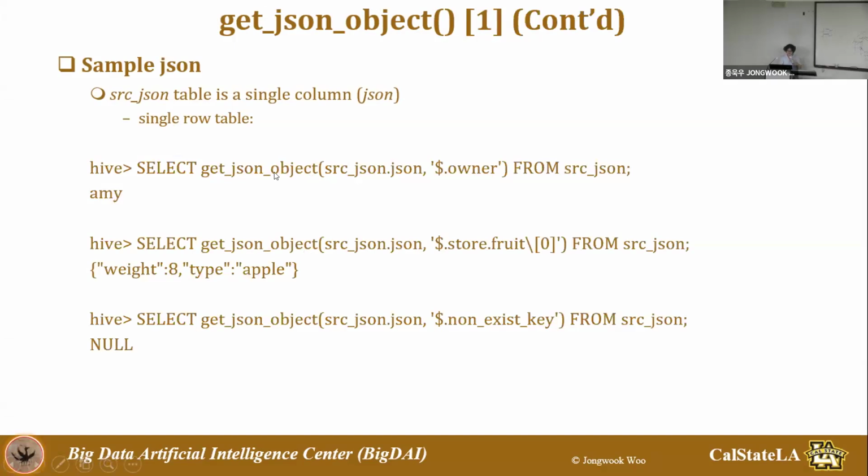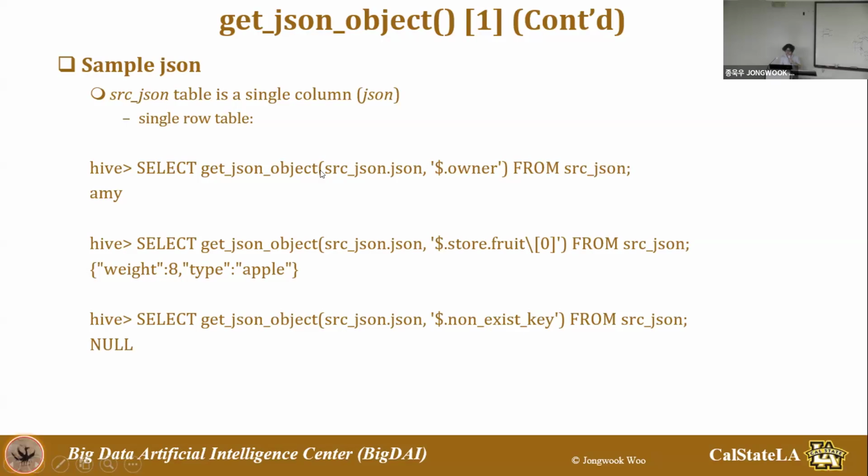So if you call getJsonObject function, you need to call the table name. The table name is source JSON, and then column name is JSON. So you can call source JSON.json. Okay? You can simply call JSON because you already mentioned that the table name is source JSON.